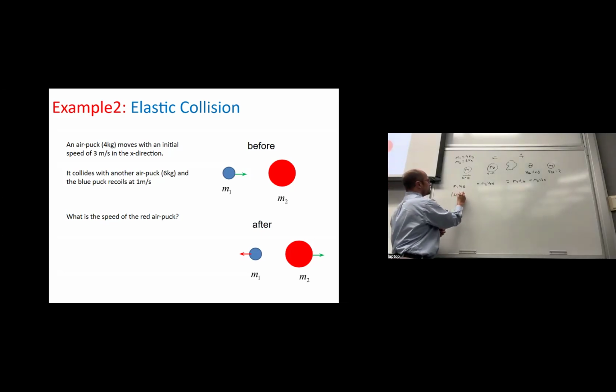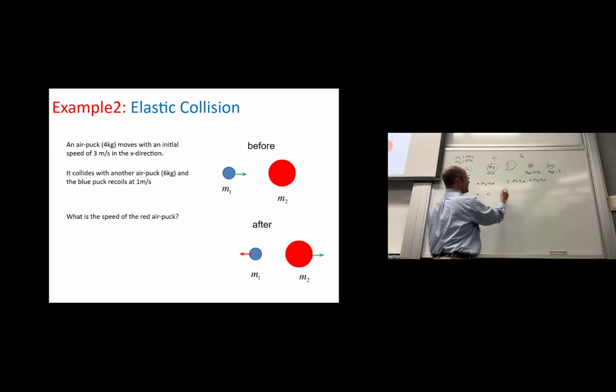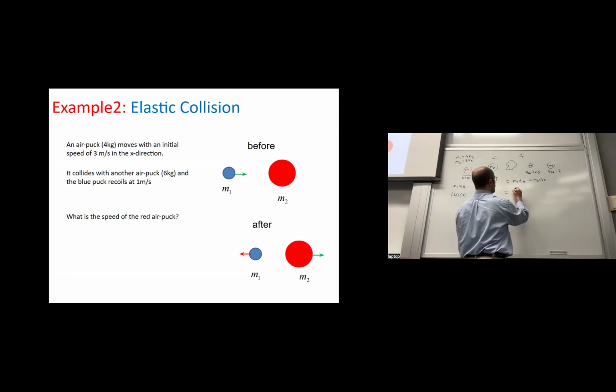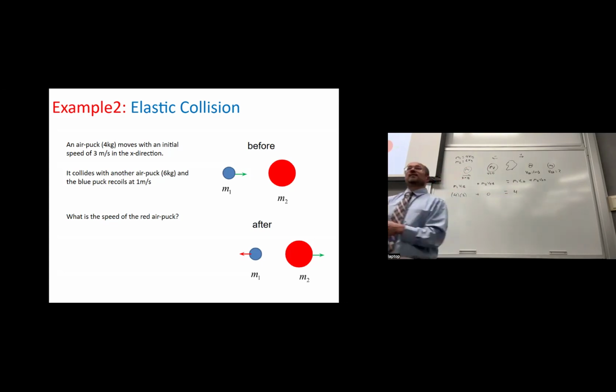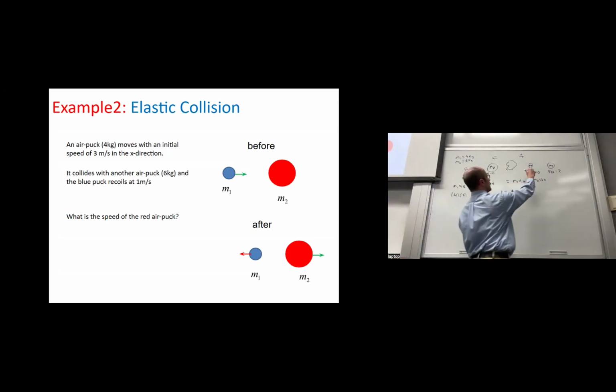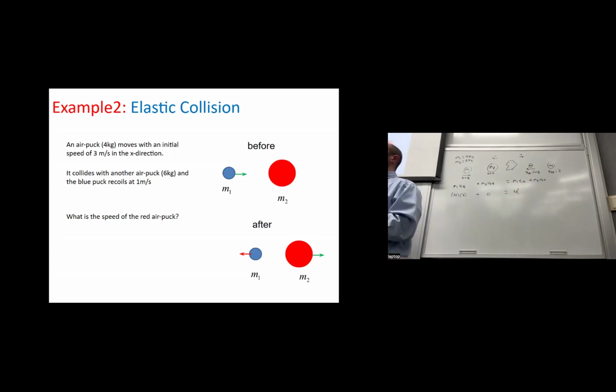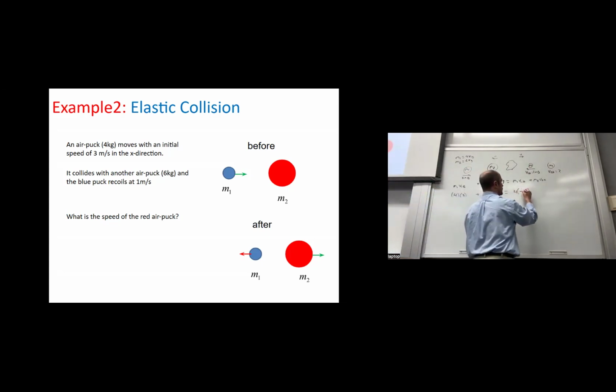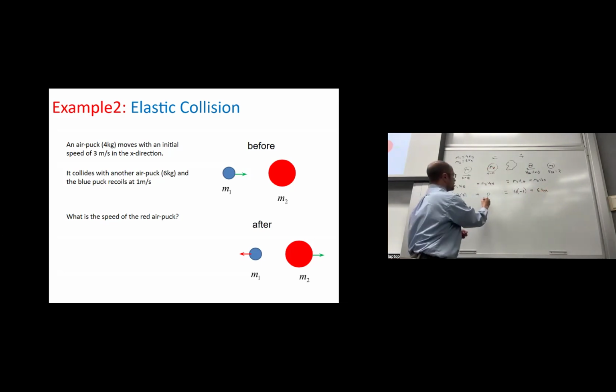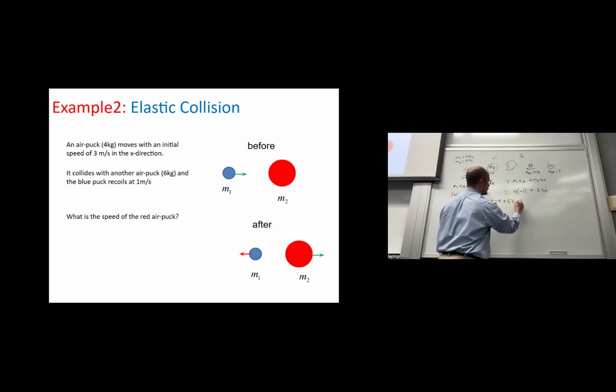So I have 4 times 3 plus 0 equals, now I have 4, but what way do I need to point my V1A? It's supposed to point the other way, because they said it rebounded. So when I plug in the value for V1A, it is negative, plus 6 V2A. So I get 12 equals negative 4 plus 6 V2A.